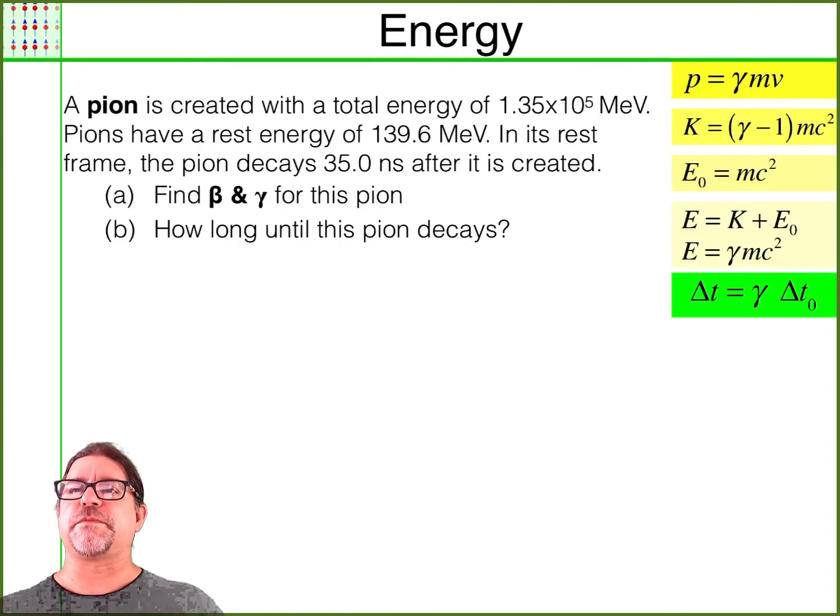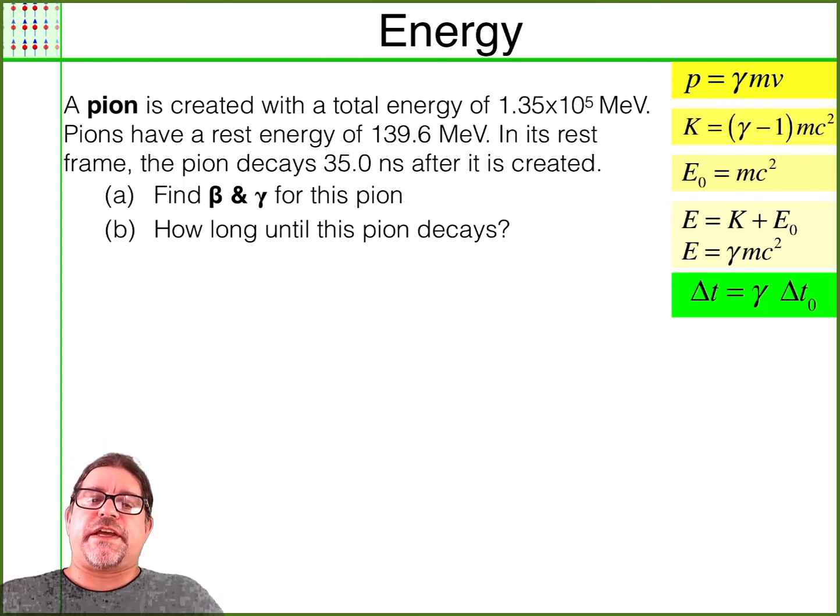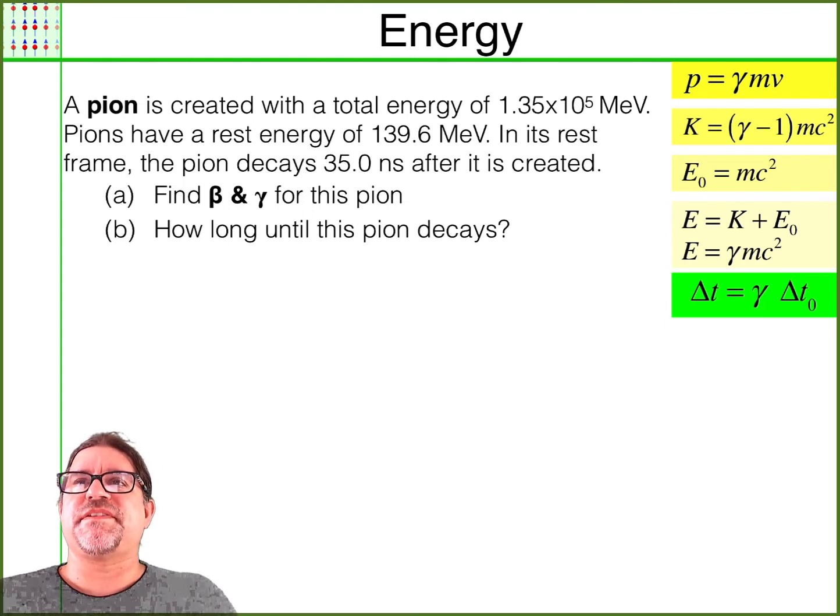So one last fun problem here. A pion is created with a total energy of 1.35 × 10⁵ MeV. A pion is an exotic particle, and we'll learn more about that in a little bit.